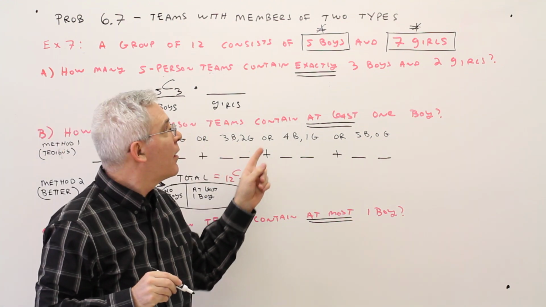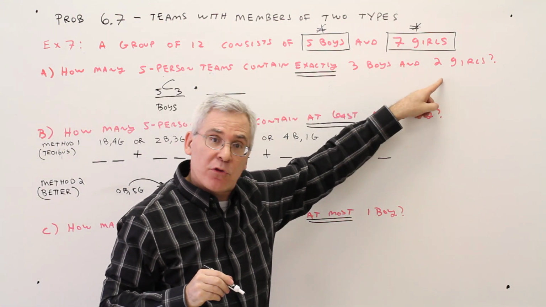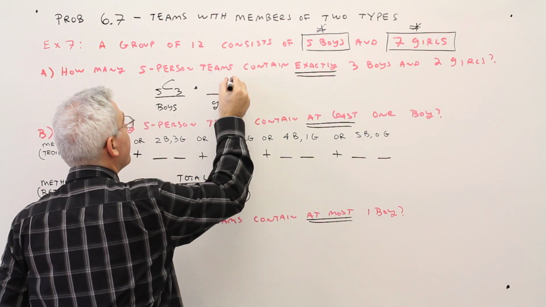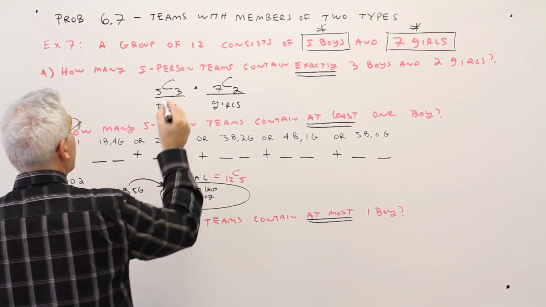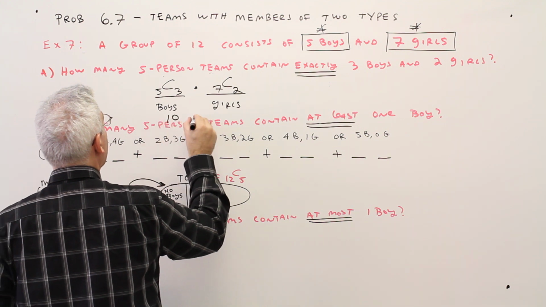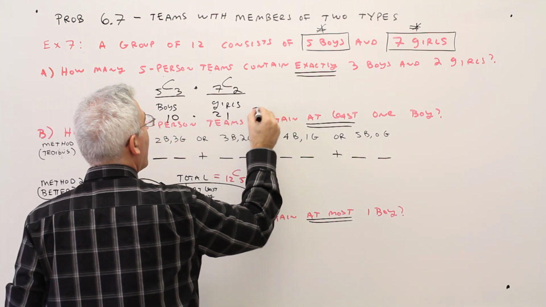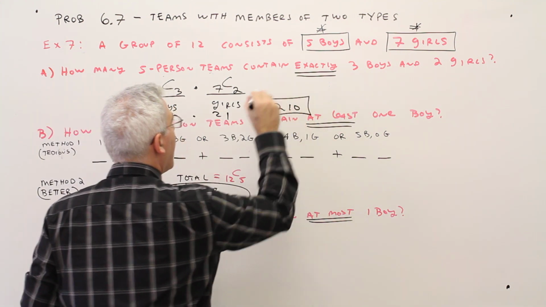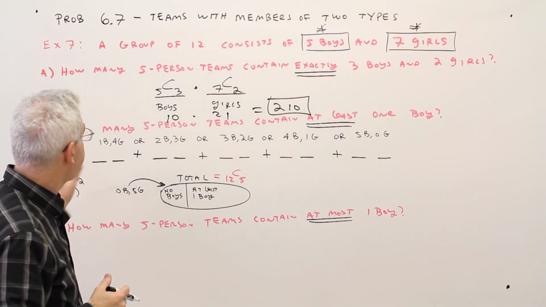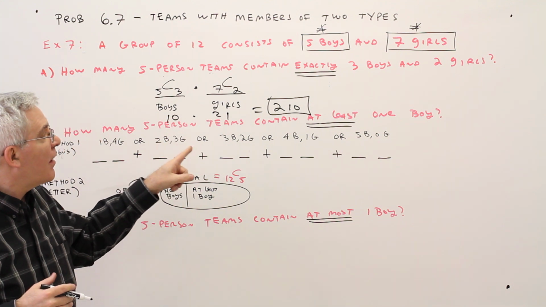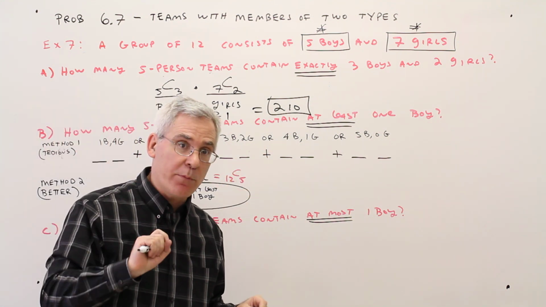For the girls, out of the 7 girls, choose exactly 2. All right, and if you work that out, this comes out to be 10 times 21, and you get 210 ways.